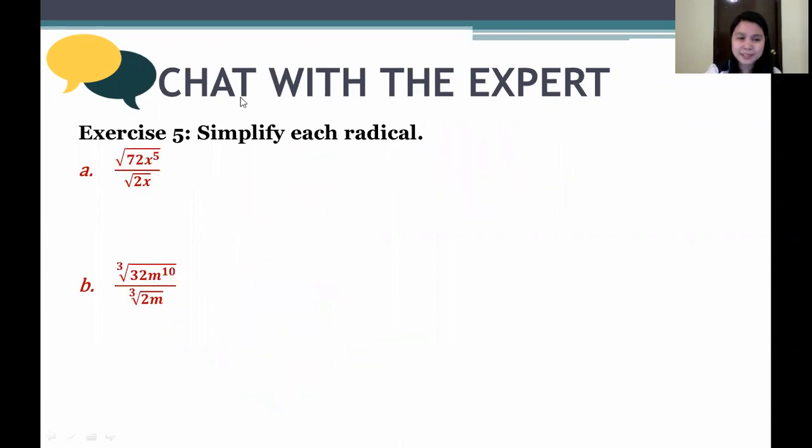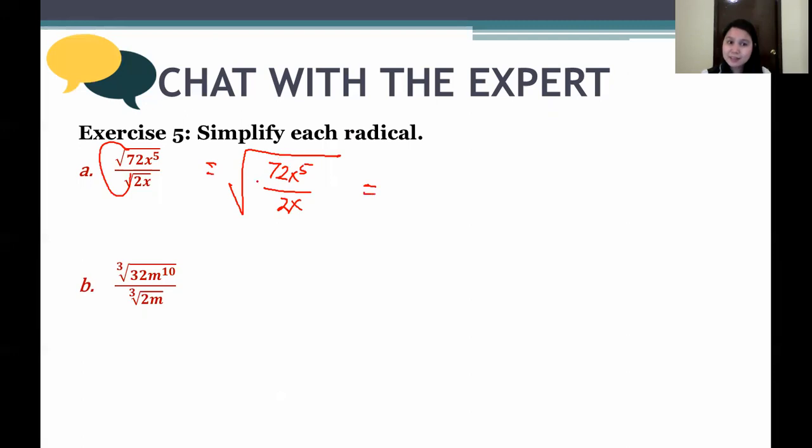How about this one? Okay. Here, the same index, so we can write them as 1. Let's simplify first the one inside. 72 divided by 2 is 36.